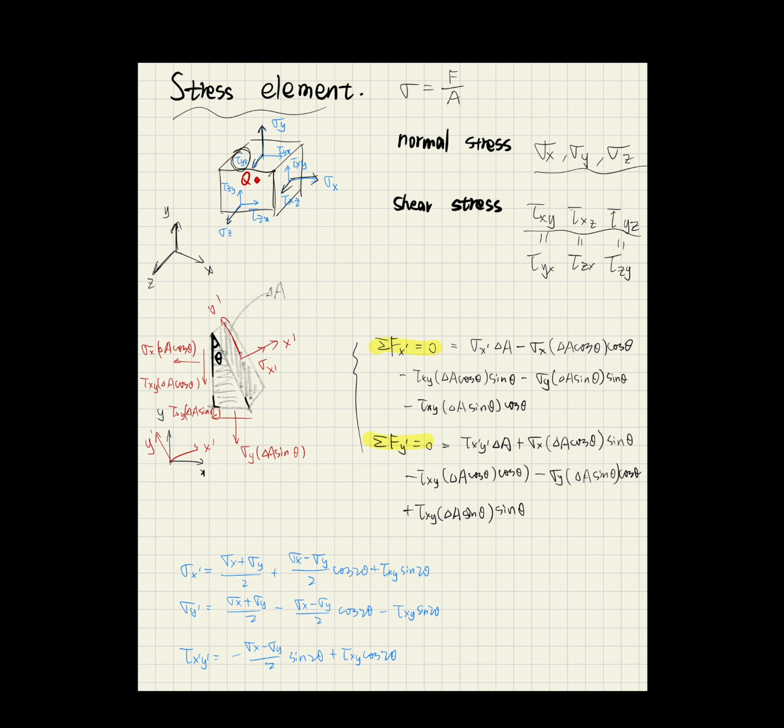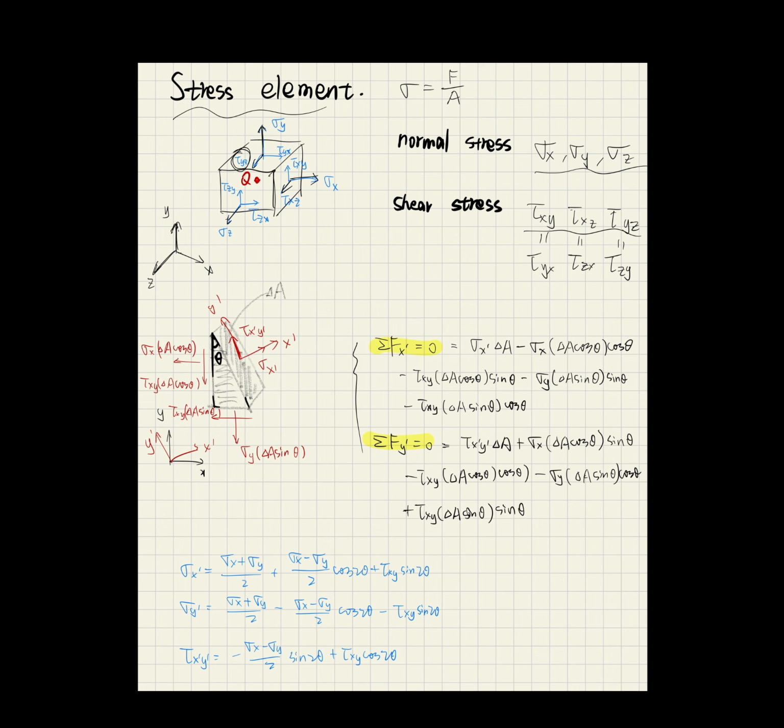So what we are going to do is rotate the coordinate system so that we can investigate this sigma x prime and also this tau x prime y prime. Now how do we do that?